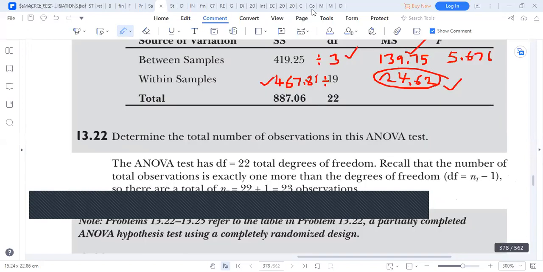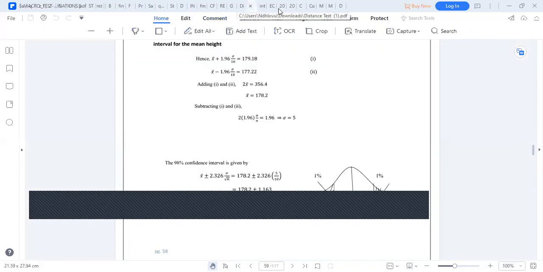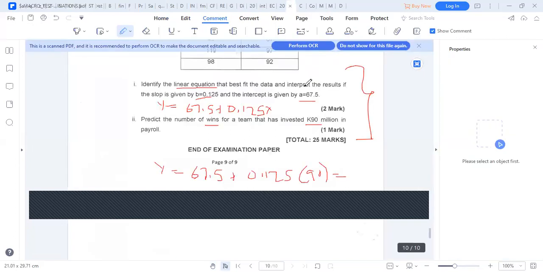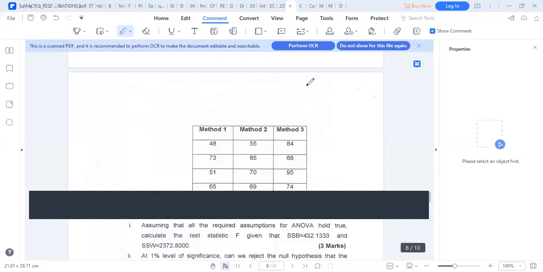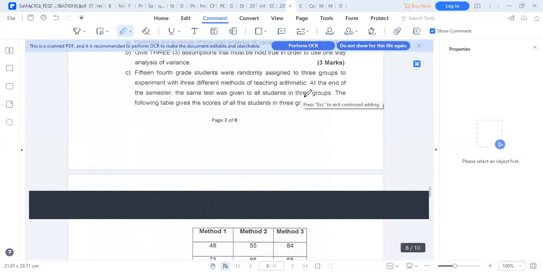Let me go to the November paper. Here's the November paper. Okay, let's see.